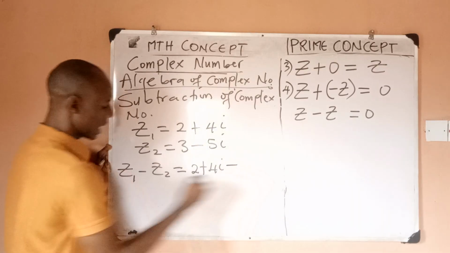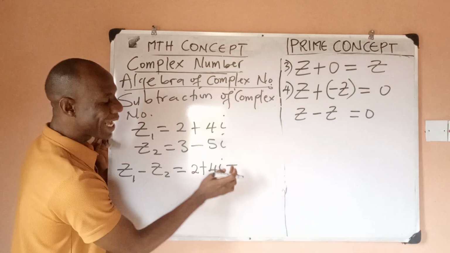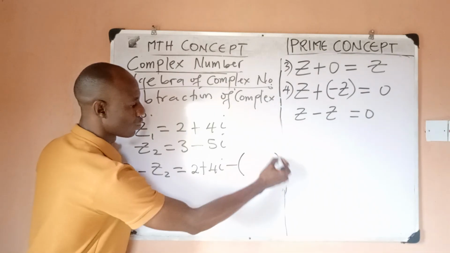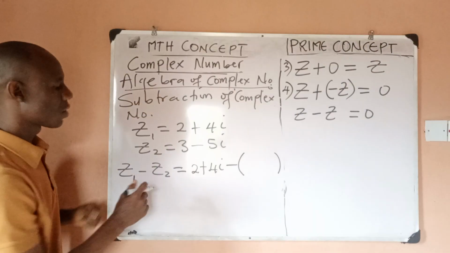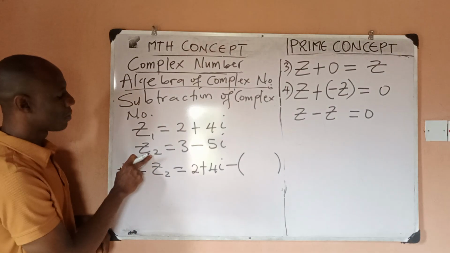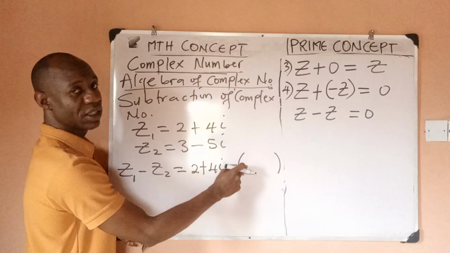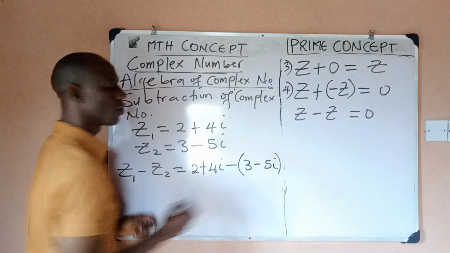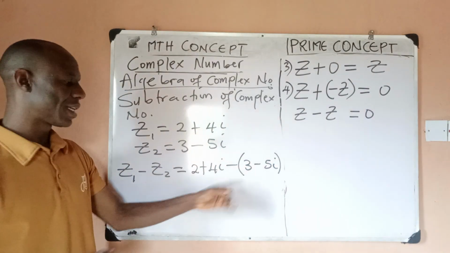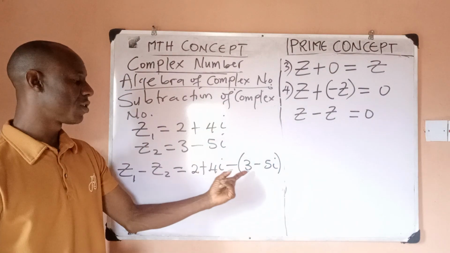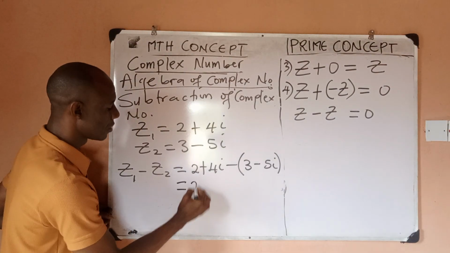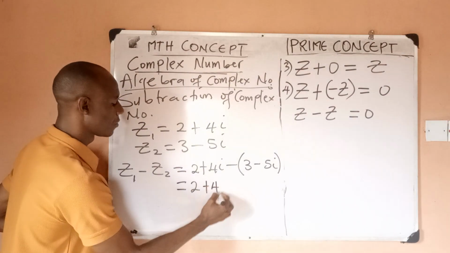Then my subtraction. Anytime you want to do subtraction, immediately you write it, use a bracket to include the second complex number. So my second complex number is z2. I'm going to include it inside this bracket, which is 3 minus 5i. Don't forget, because if you don't use a bracket, you would be telling us that the negative is just for 3, which is not true. So I have 2 plus 4i.